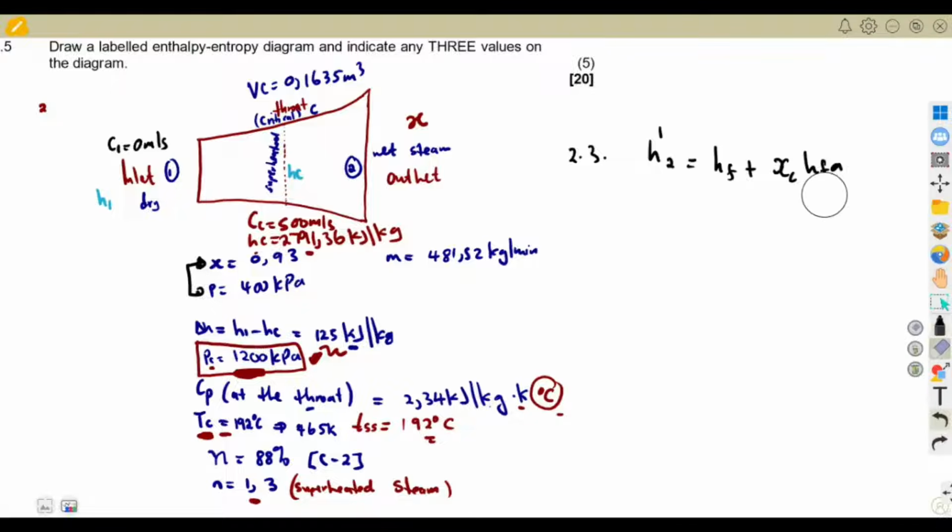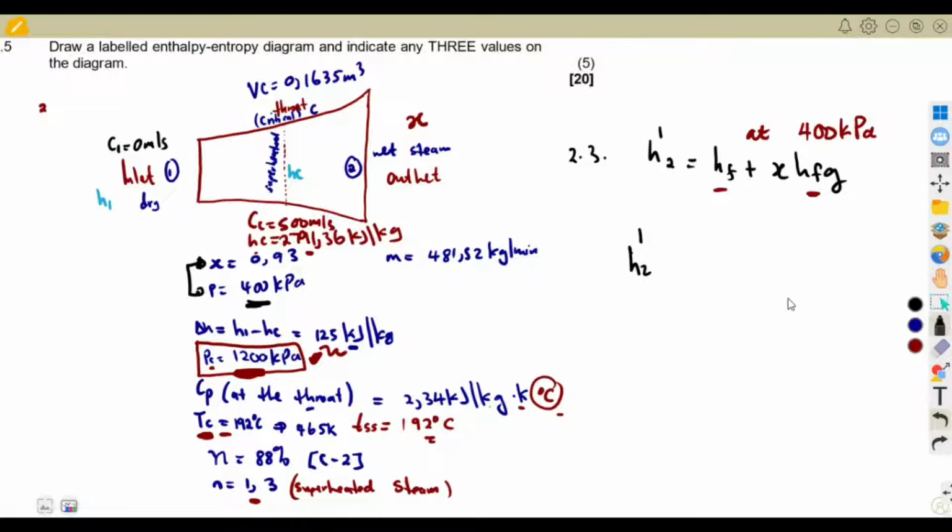You can just write your formula X, HFG, so that you do not have a confusion. Remember, this is the pressure that is with this dryness fraction. So whenever we are to use this dryness fraction, the pressure is supposed to be at 400 kilopascal. What do we need at 400 kilopascal? We need HF and also HFG. These are the two that we're going to need there.